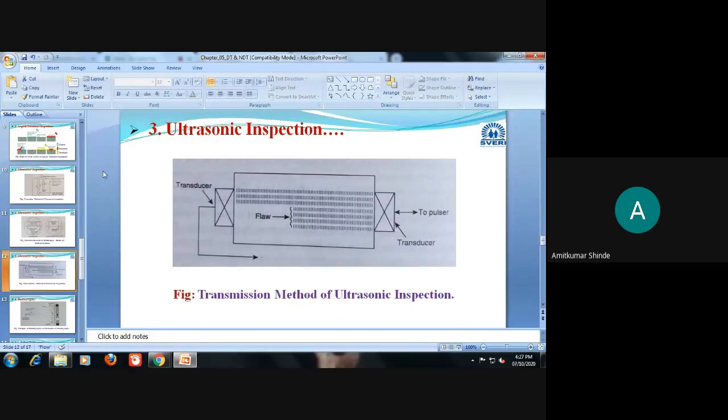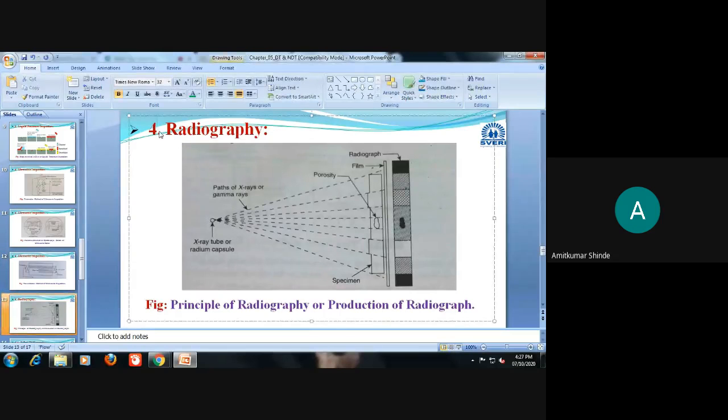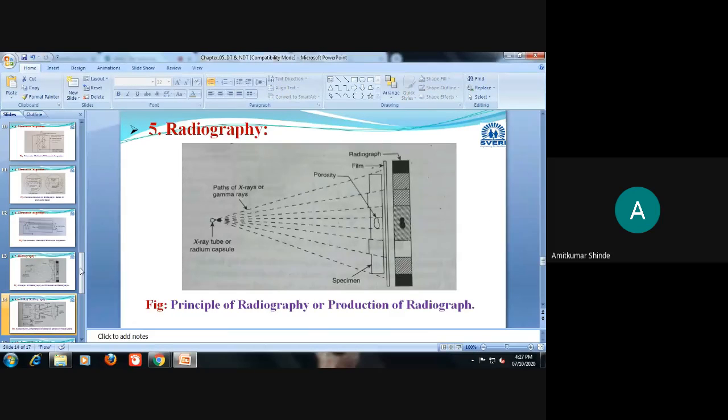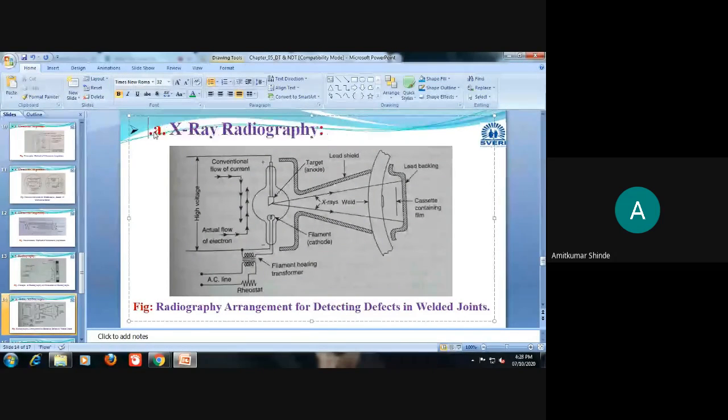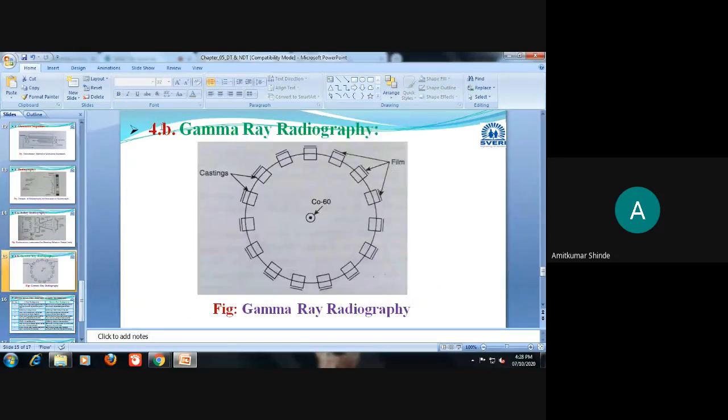Whenever there is a question in the examination related to ultrasonic inspection, you have to highlight all these points. First you have to start with the principle you have used, and after explaining that principle, highlight the different types, and in each type mention how the principle works or which instrument setup is used.